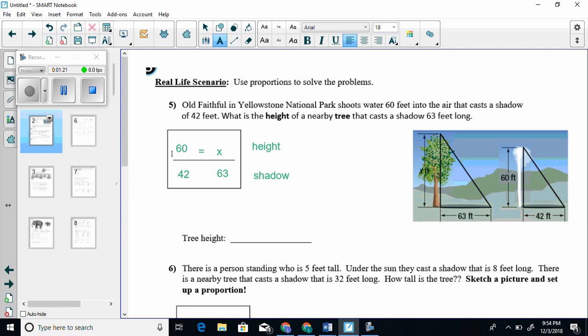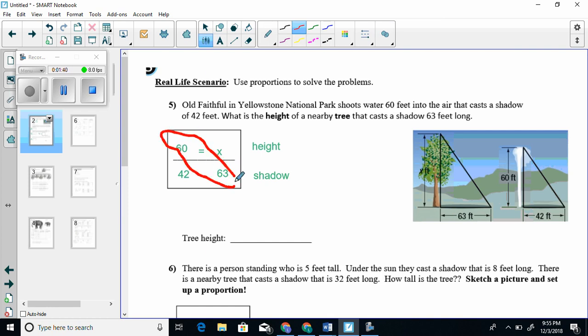Now I have what we talked about in part one, where I can cross multiply. You're looking to set up a proportion so that you can cross multiply. So I have 60 times 63 and 42 times x. And now I can set up an equation.